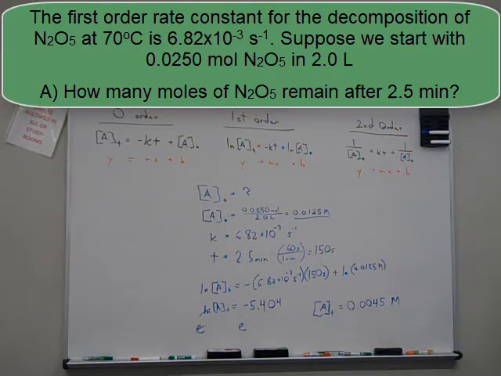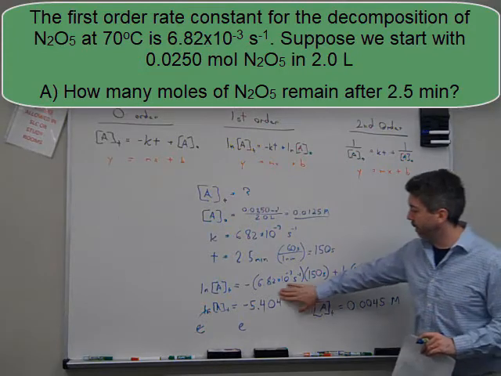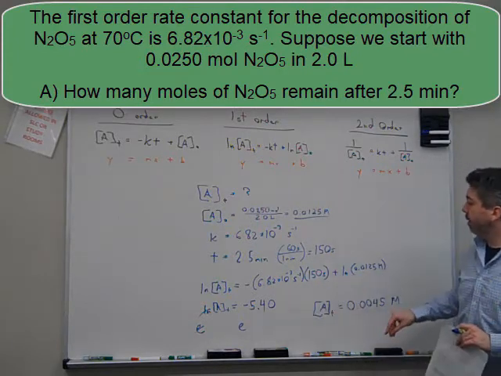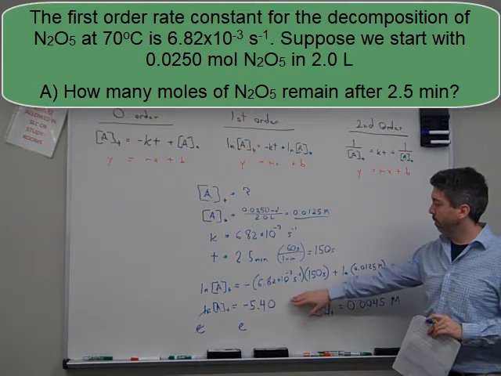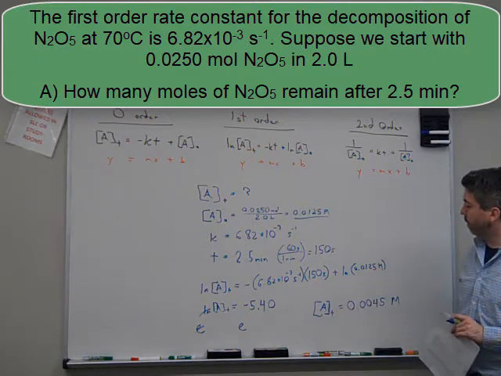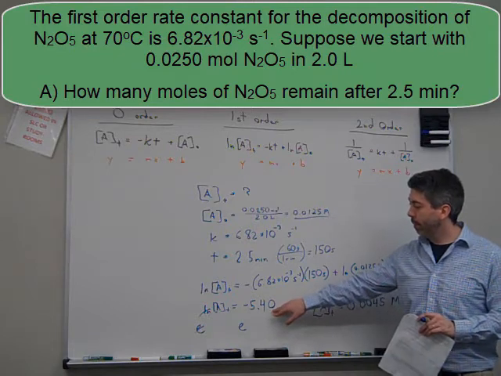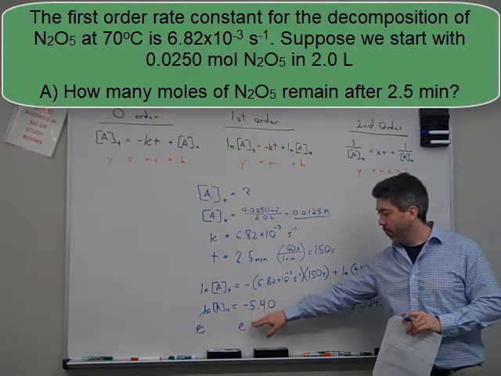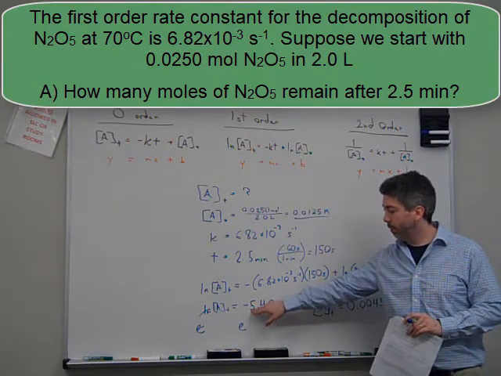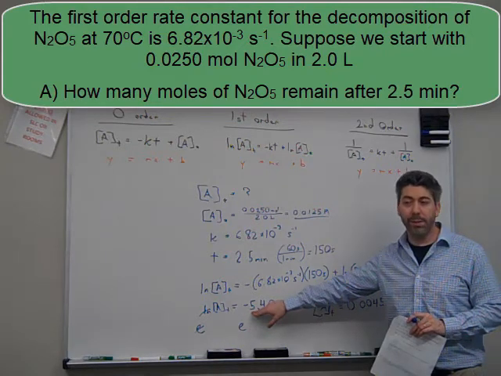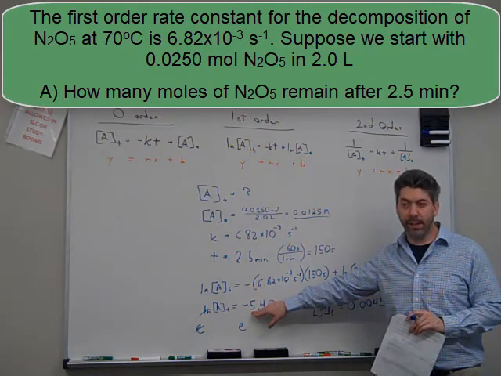Now here's the thing. This would in fact only be two significant figures. Well, it looks like it should be 3. But the thing is, when you take e to a power, that number before the decimal is actually not significant.